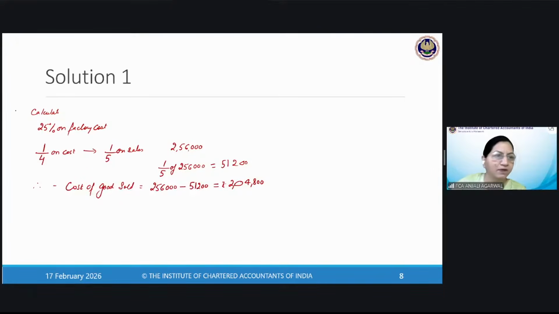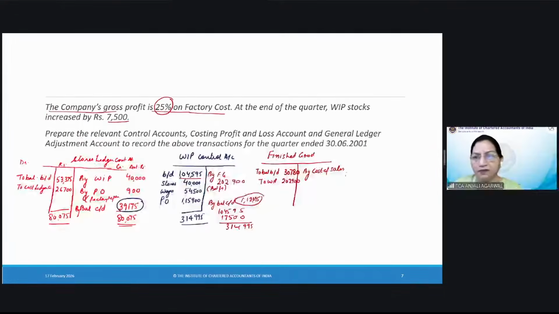So this becomes a working note to calculate the cost of goods sold or cost of sales. So cost of sales or cost of goods sold is 2,04,800. You will use the same nomenclature, not different. Remember that.